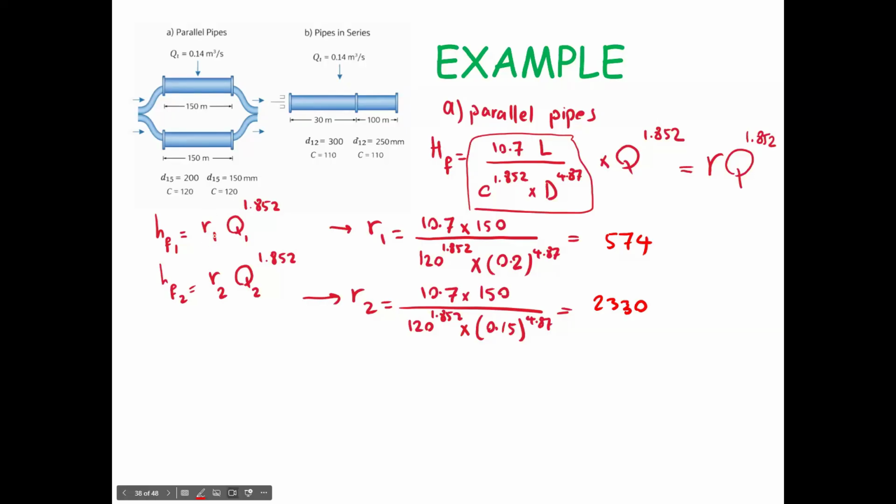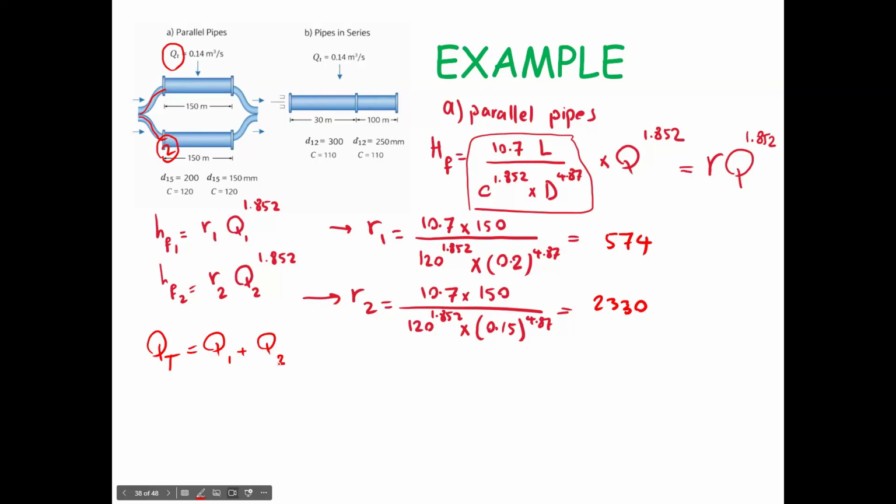So I have R1 and R2. Now I should use my knowledge and notice that for parallel, which one was equal and which one was the sum. As you remember, Q of total is Q of line 1 plus line 2, so QT is Q1 plus Q2.